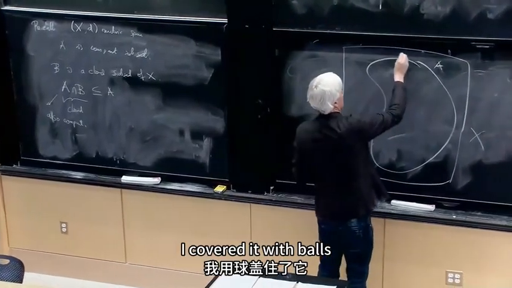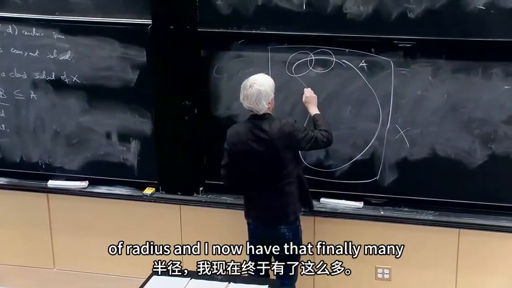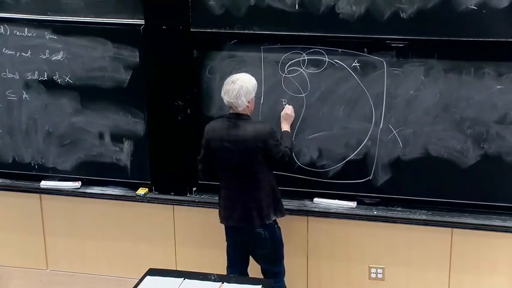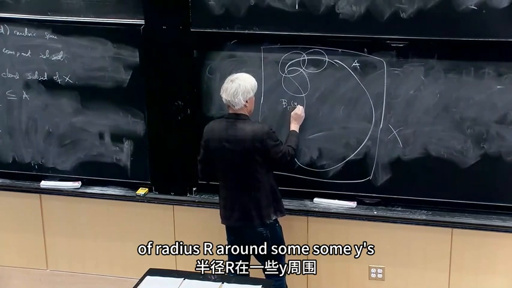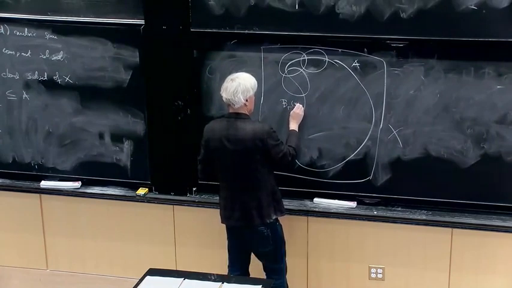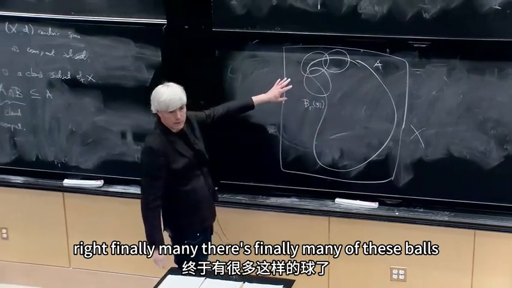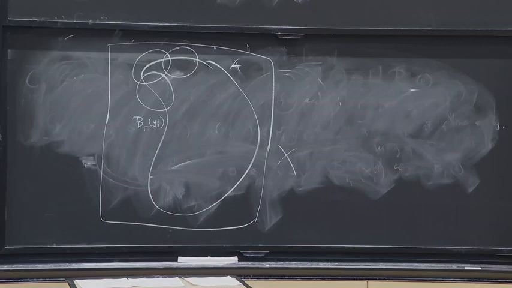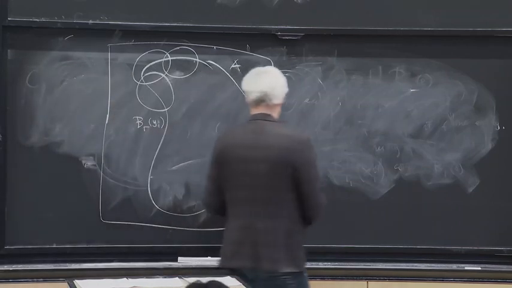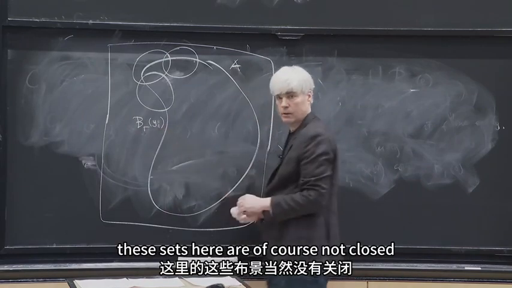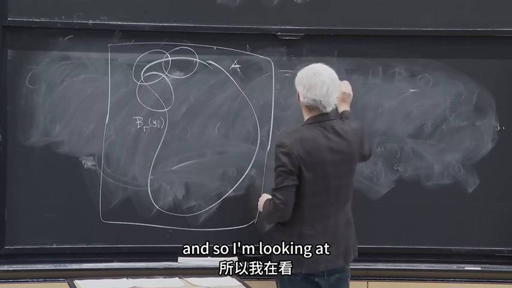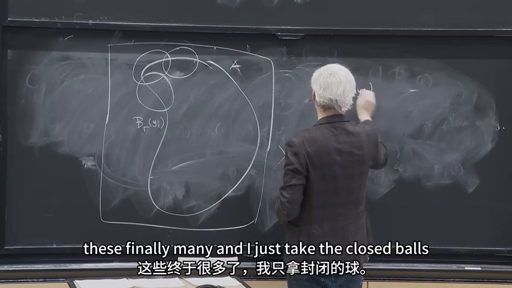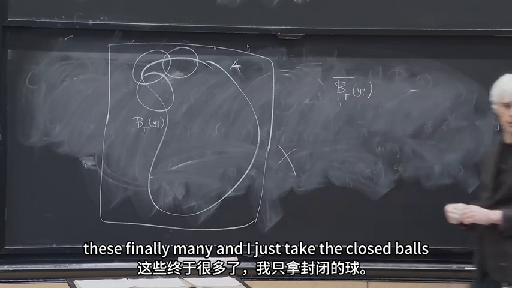I cover it with balls of radius R around some Y's, right? Finitely many. There's finitely many of these balls, and they cover A, right? Then these sets here are, of course, not closed. And so I'm looking at these finitely many balls, and I just take the closed balls.